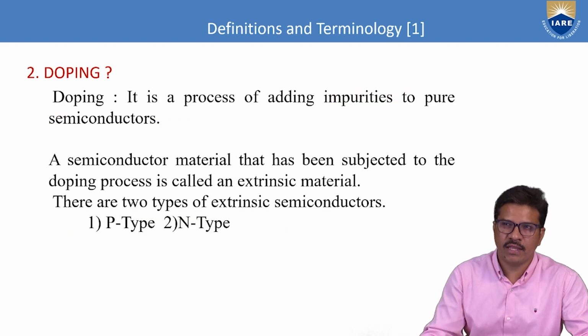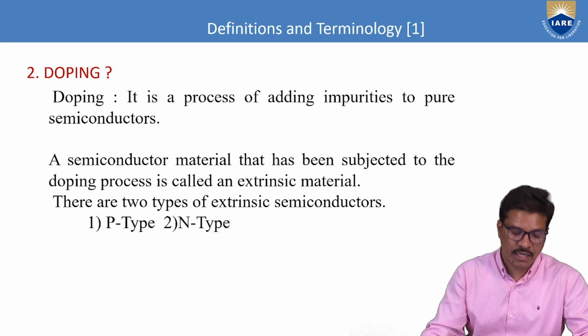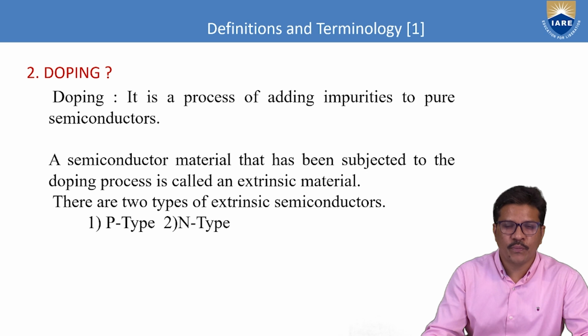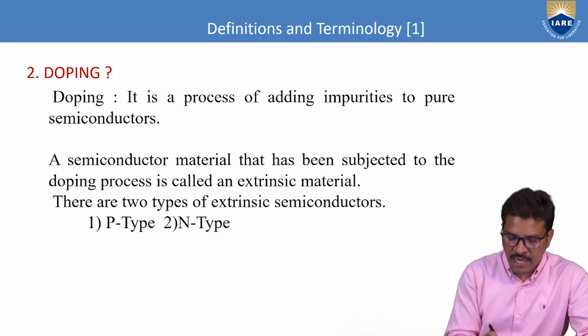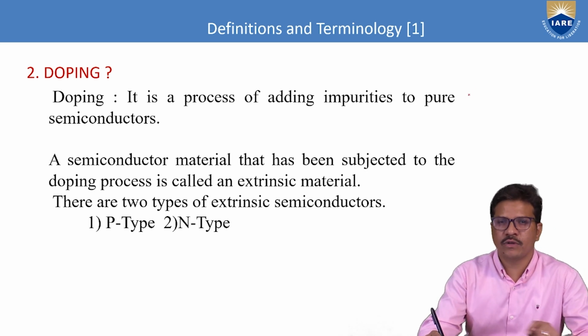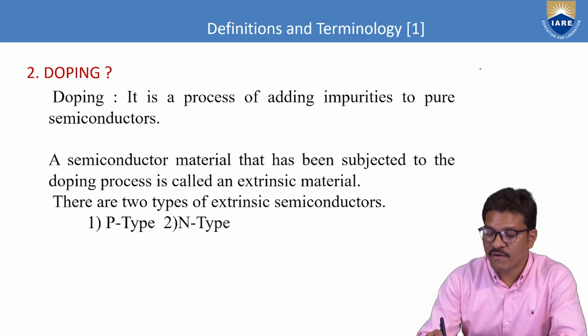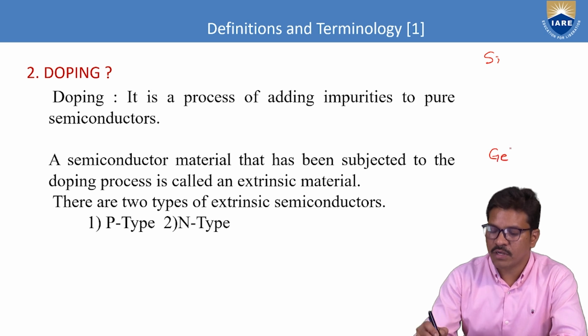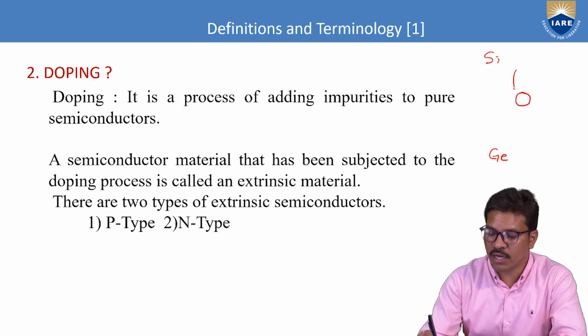Then the most important thing is doping. So what does doping mean? Basically, in theory classes I explained that if you have a semiconductor, silicon or germanium, the atomic structure is the basic structure I'm going to draw here. It is the basic structure for silicon and germanium.